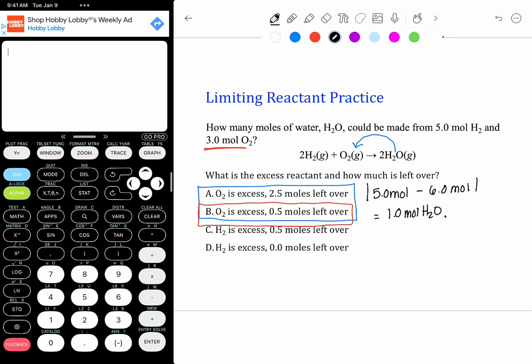So we take 1 mole of water, we do our mole to mole ratio, so I have 1 mole of O2 on the top and 2 moles of H2O on the bottom. Again, that comes from my balanced reaction. And 1 divided by 2 is 0.5 moles. Oops, not H2O, of O2. So that again gets us the same answer.